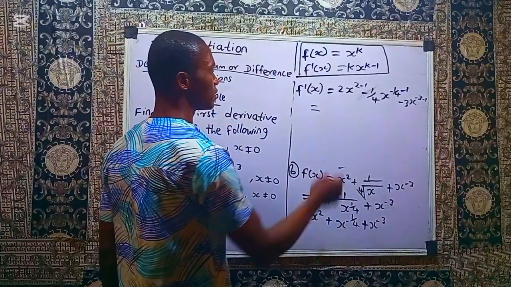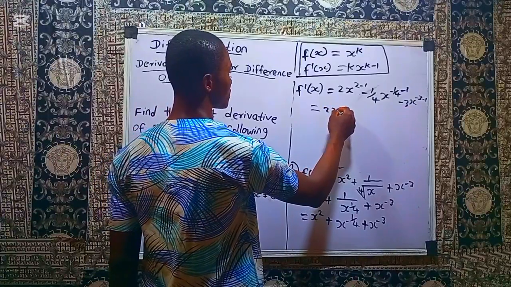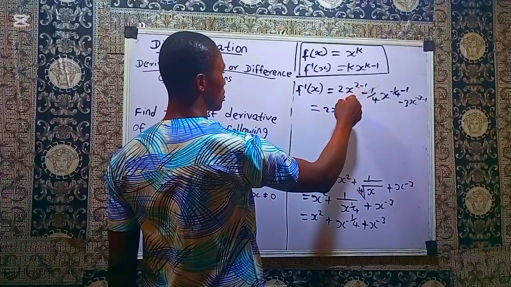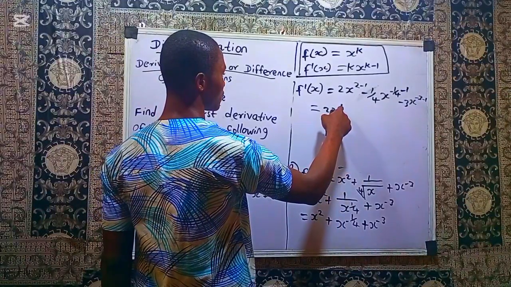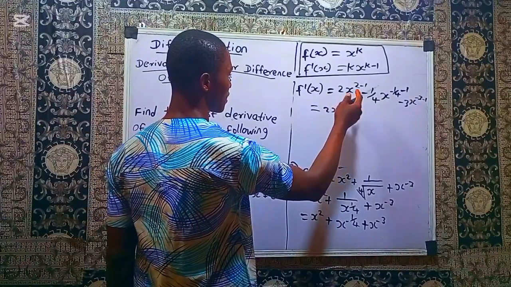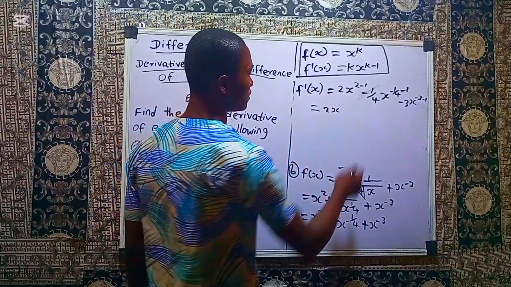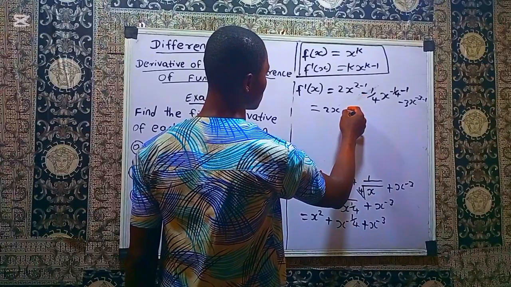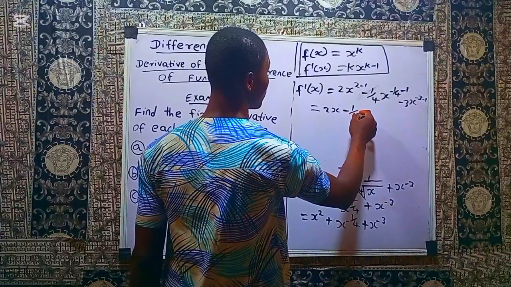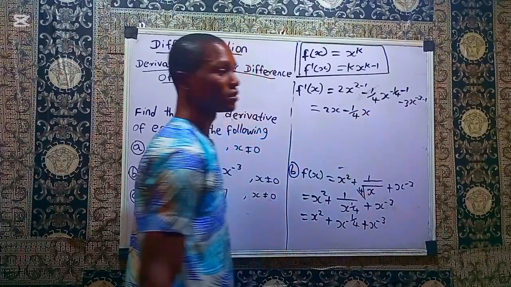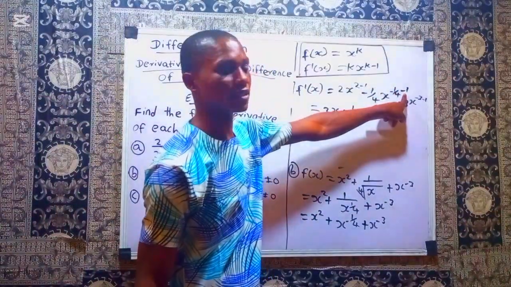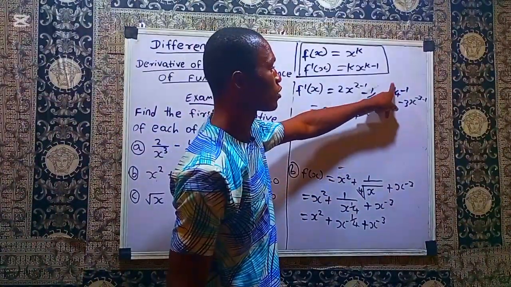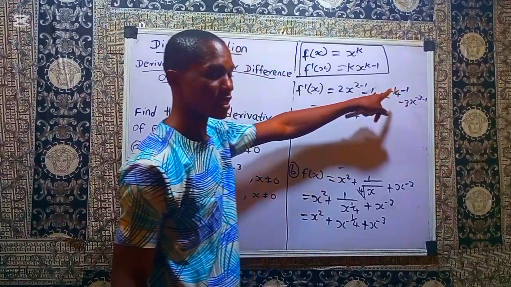Then you simplify further. The first one has 2x. 2 minus 1 will give you 1. That's x raised to power 1, but x raised to power 1 is the same thing as x, so I can leave it as 2x. Then this one will be minus 1 over 4 x raised to power, and you simplify the index of x. We have minus 1 over 4 minus 1 as the index of x.